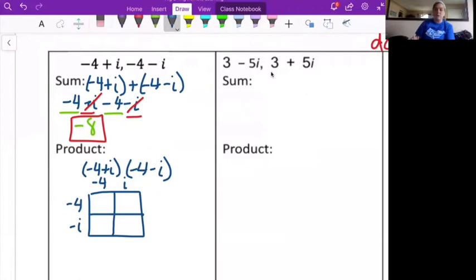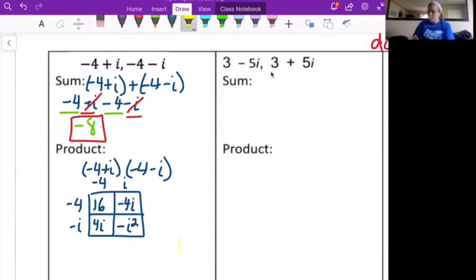And so then we distribute just like we would if it was an x. So -4 times -4 would give us a +16. -4 times i would give us a -4i. And then this would give us a positive 4i because the negative times the negative is positive, and then negative i squared.